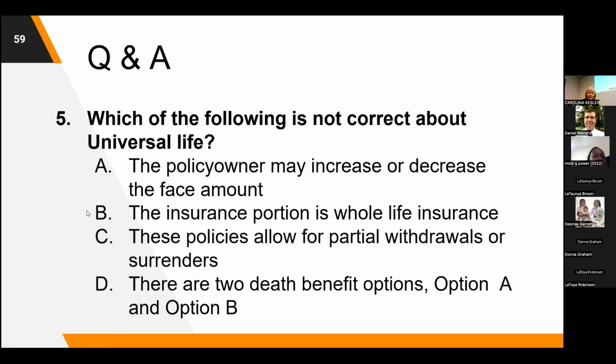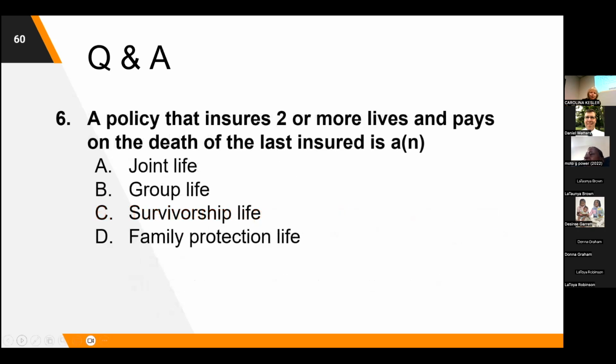Yeah, because it's annual renewable term, right? Good job. And a policy that insures two or more lives and pays on the death of the last is what? Good job. You're all going to get that one.